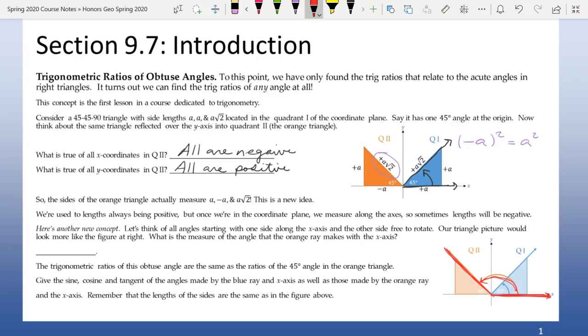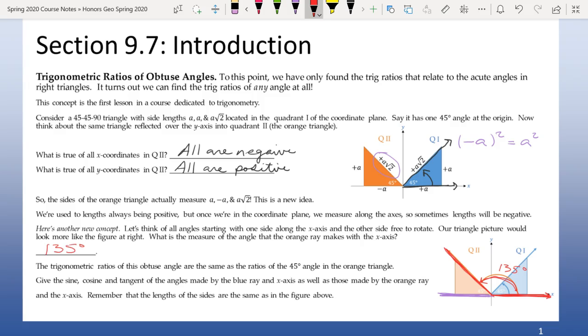So we can think of that same angle as being 45 degrees with relation to the negative x-axis, but we can also think about it as being 135 degrees with respect to the positive x-axis. So in the coordinate plane, there's really nothing different between these two angles: the 45-degree angle that's made from the negative x-axis and the 135-degree angle that's made from the positive x-axis.